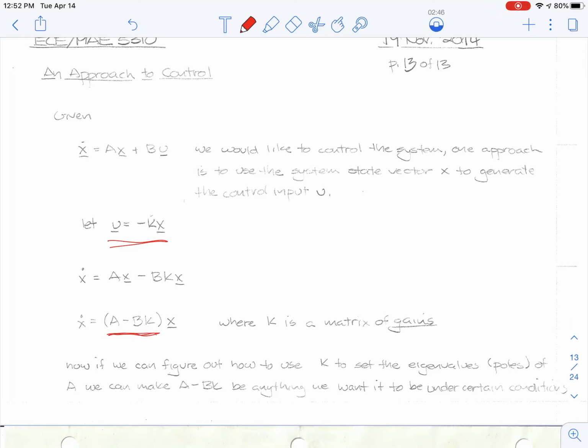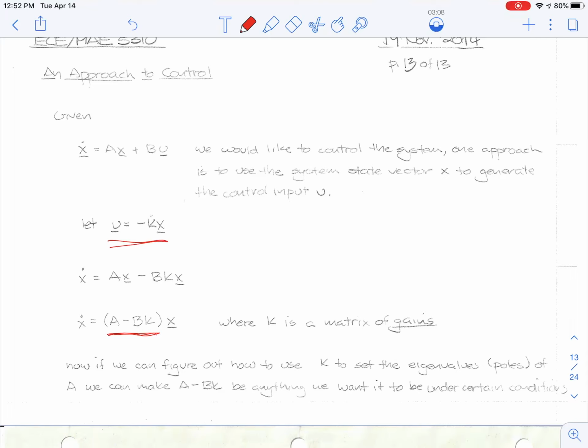And if I can figure out a way to manipulate K so that I can make the system respond the way I want it to, then I've done what's called pole placement. Notice they don't say eigenvalue replacement, they say pole placement, so it truly is back in the frequency domain.